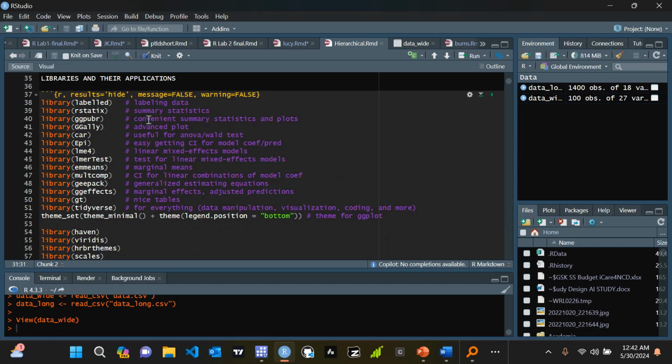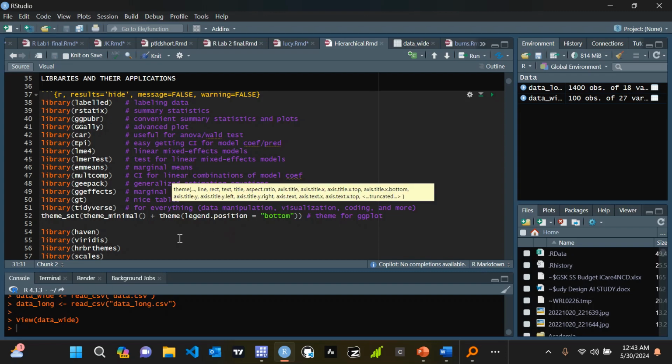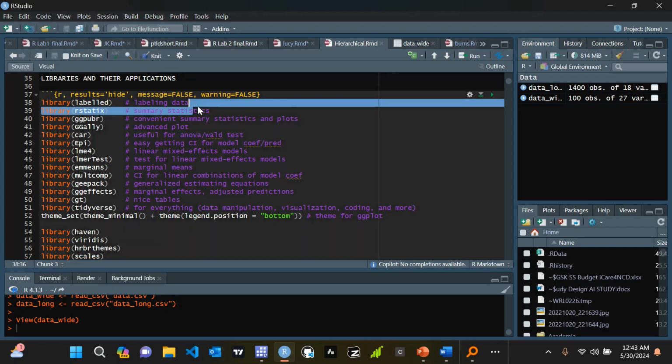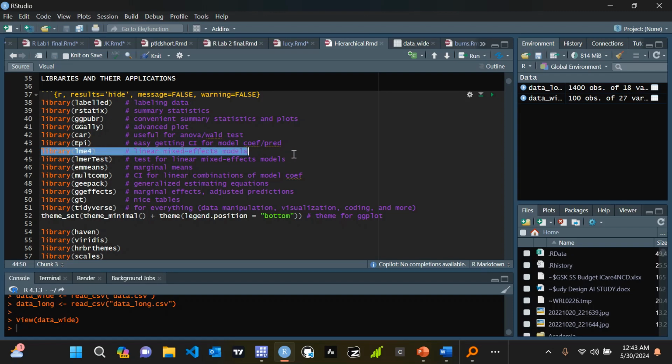These are a lot of libraries. I put them here so that you know where they work, but we are not going to use everything here. If you want this code, I will put a link where you can download it, or I will upload it on the R blog website. So we have this one for data labeling and summary statistics, but the most important libraries are this one for the linear mixed effects model, and this one to test the linear mixed effects models.